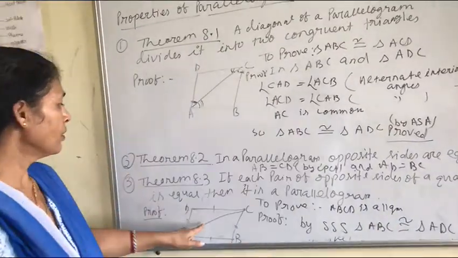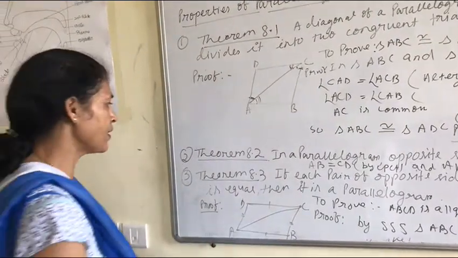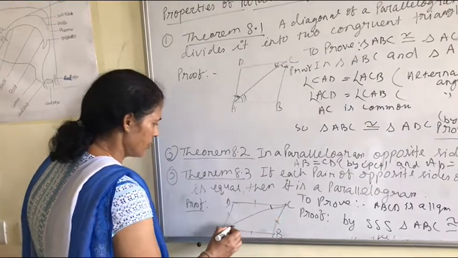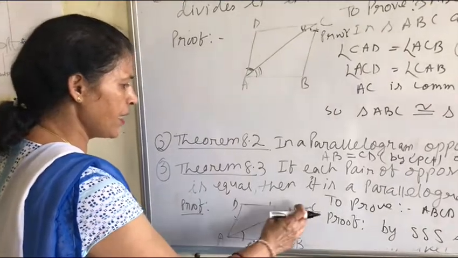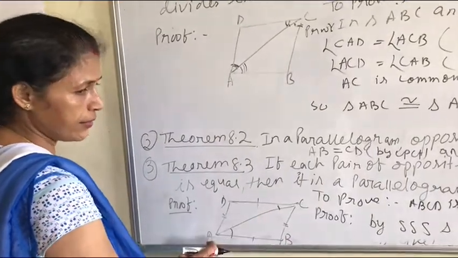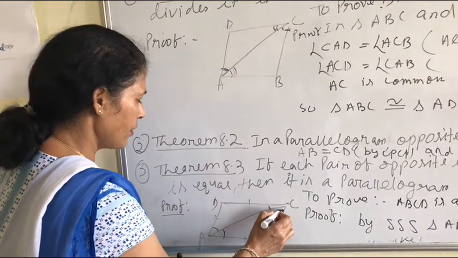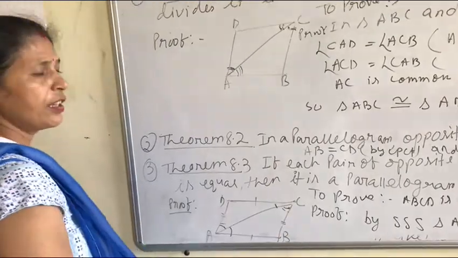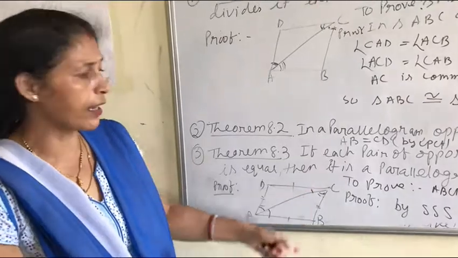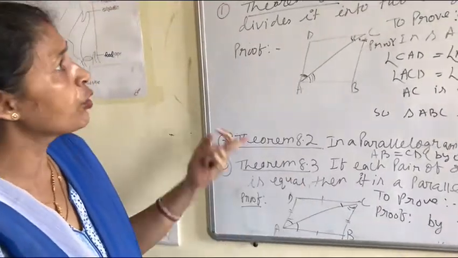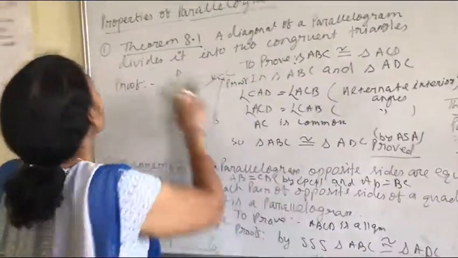If you prove these two triangles congruent, after that by CPCT you can write angle DCA is equal to angle BAC by alternate interior angles. Then these angles also. So if you take only one, DCA is equal to BAC, alternate interior angles, that's why AB is parallel to CD. You can write it properly.